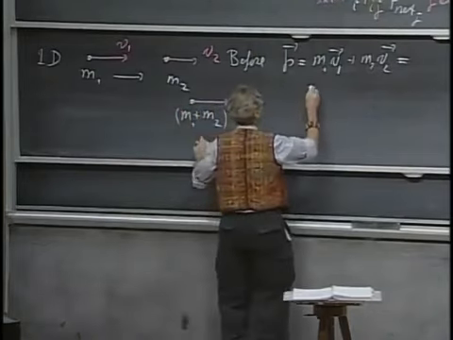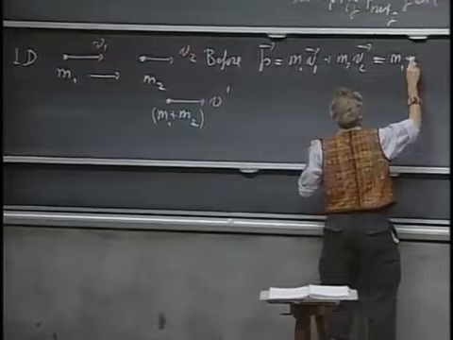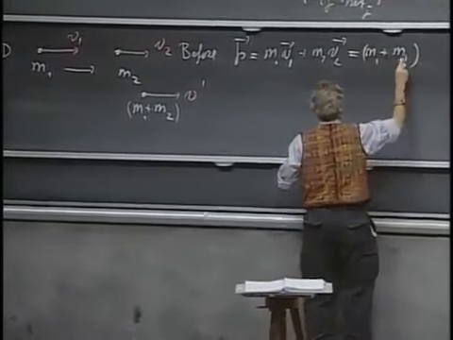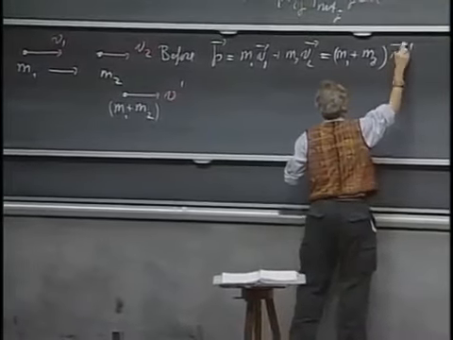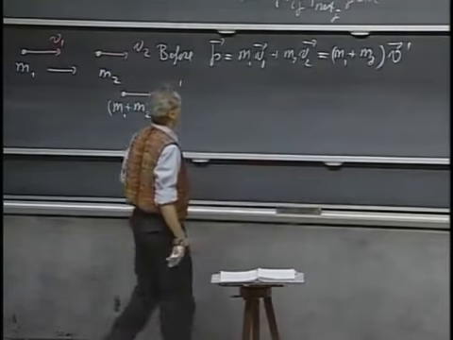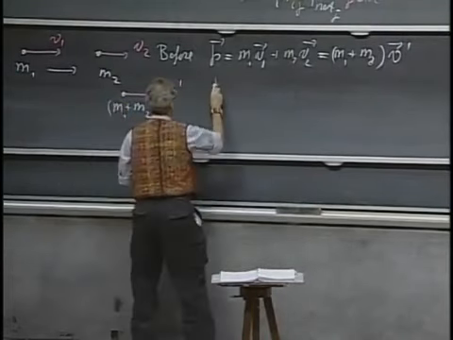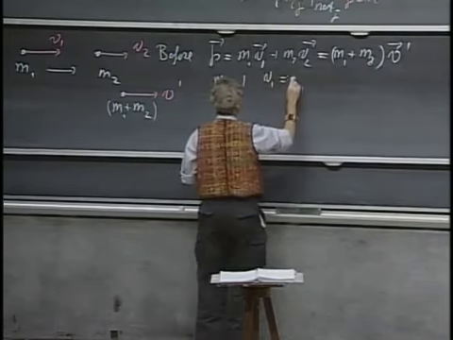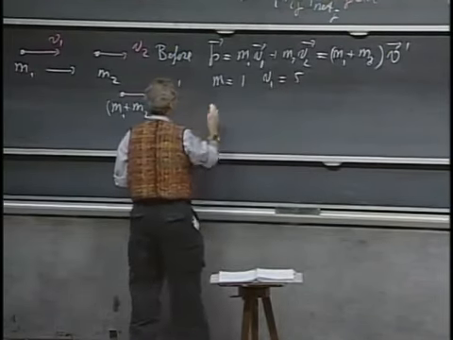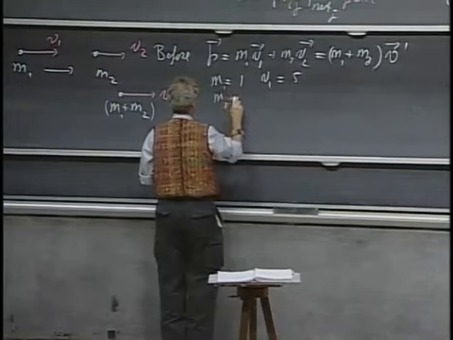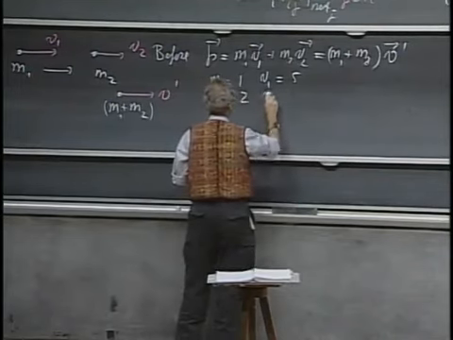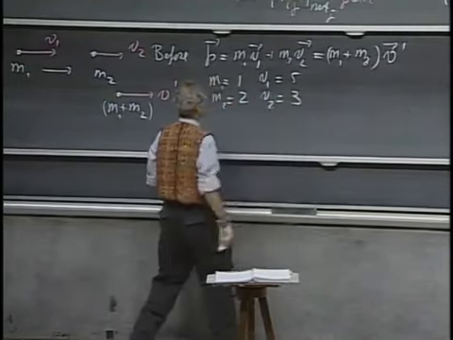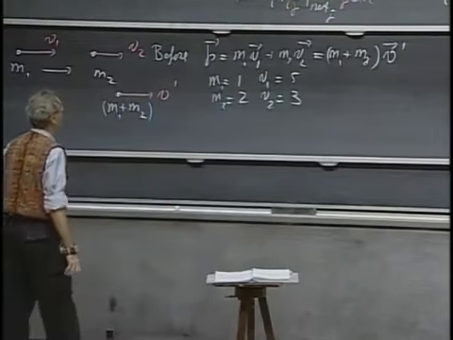And so this equals m1 plus m2 times v prime. If we put in some numbers, suppose m1 equals 1 kilogram, and v1 is 5 meters per second. Let m2 be 2 kilograms, and let v2 be 3 meters per second.